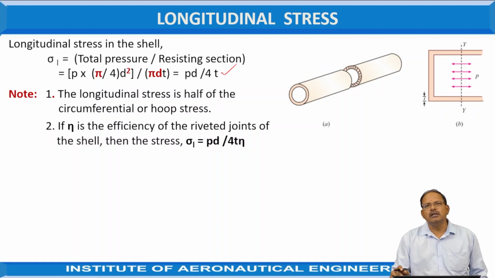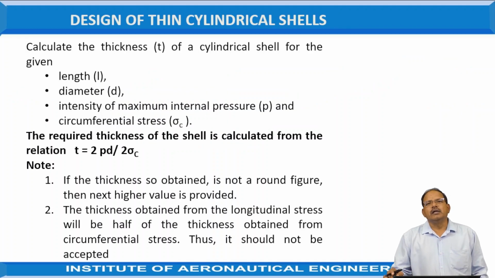Design means determining what amount of pressure can be allowed, or what the diameter or thickness of the pipe should be, whatever data is required for designing that particular cylinder. Only hoop stress is considered, not the longitudinal stress. While designing, the thickness can be determined by using the relations.